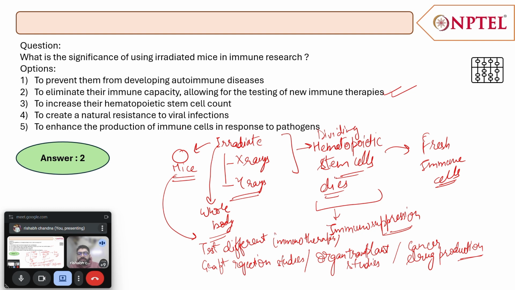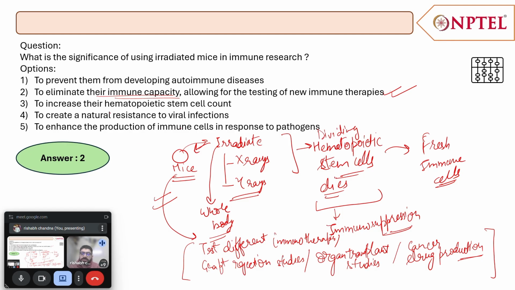These therapies related to the immune system itself are helpful in these particular mice. That's why these mice are irradiated, so that their immune capacity is eliminated. So option number two is correct.